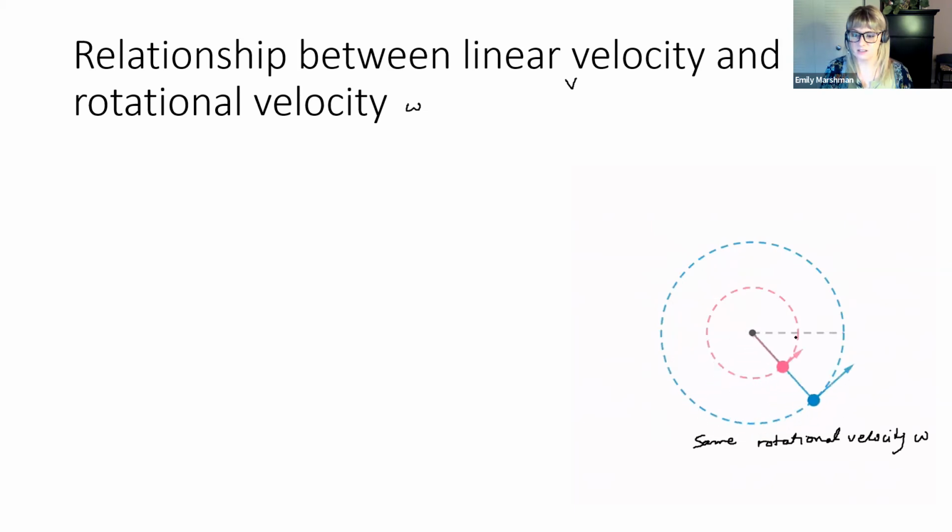Look, as these things go around one circle, the blue one travels a lot farther because the circle is bigger. The red one travels a lot shorter because its circle is smaller. So the further I get from the axis of rotation, the larger my linear velocity becomes.